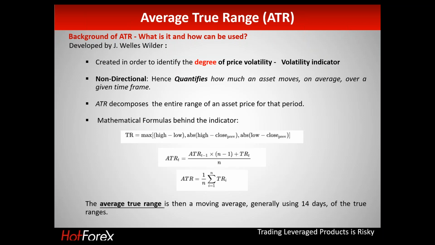So it is a volatility indicator. It gives us an indication of the level of volatility in the market. So just to be clear, it doesn't give you the direction of the trend. It gives you the level of volatility, whether the volatility is high, low, neutral.